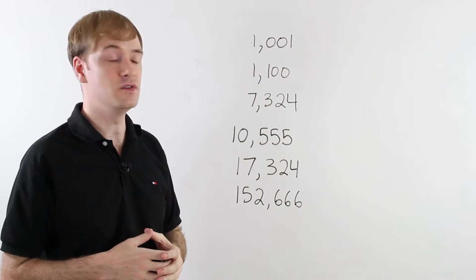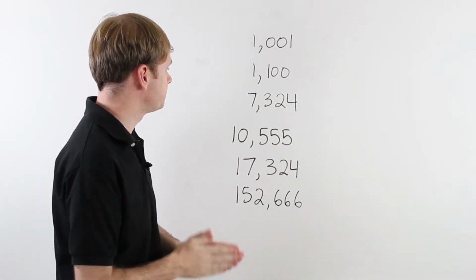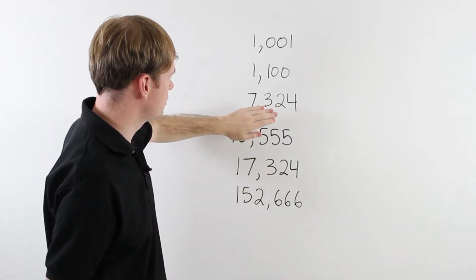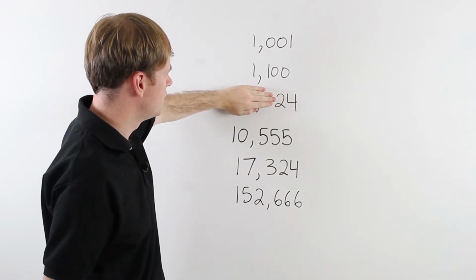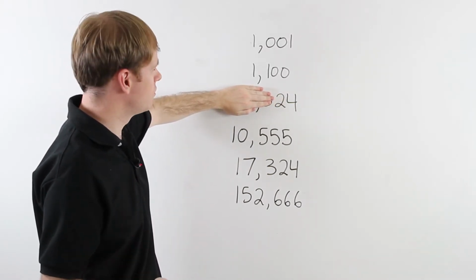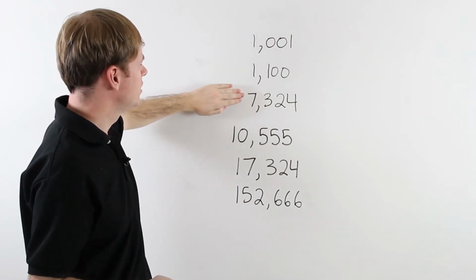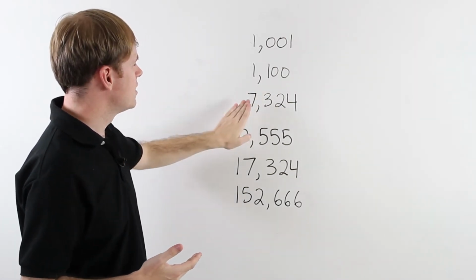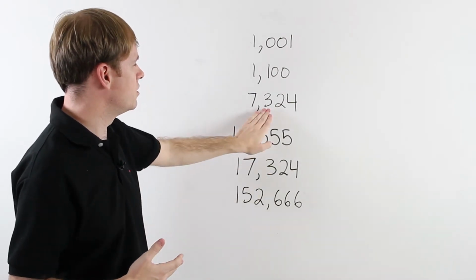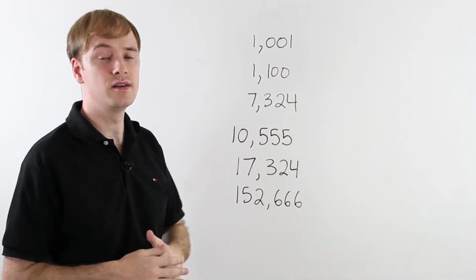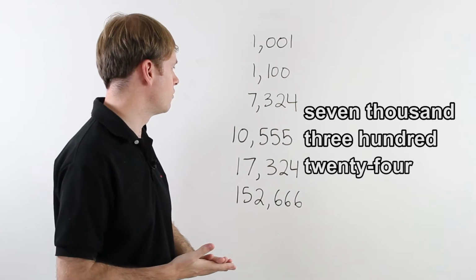Okay, now let's move to the third number here. A little more confusing. We got lots of numbers. Okay, don't be so scared. We know that's 4. We know that's 24. We know that's 324. And then we got the 1,000. So 7,324. 7,324.